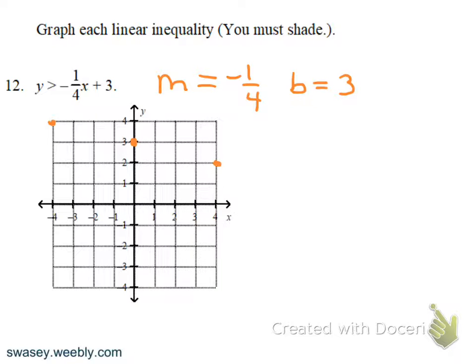This one is going to be a dashed line. Dashed, or sometimes we call it dotted. All right, so we got a dashed line, then greater than you shade above. So above this line is where the solution set is.